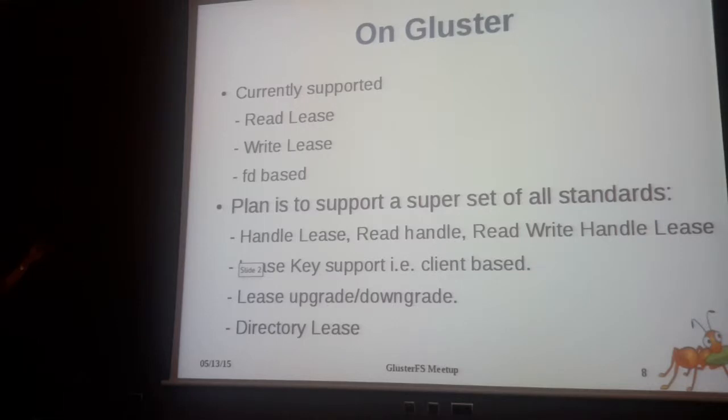But the plan is to move towards client-based caching, not FD-based caching. That way will be more efficient. And we don't currently support handle-based caching, nor directory leases, and we do not currently support upgrade or downgrade.